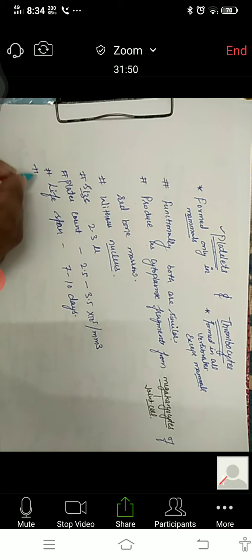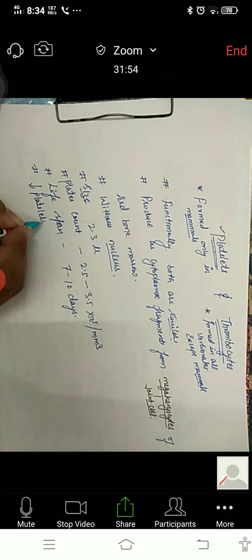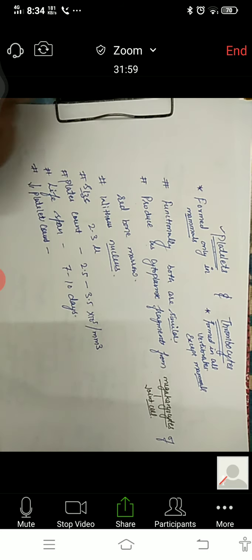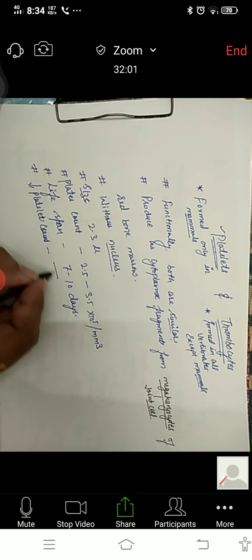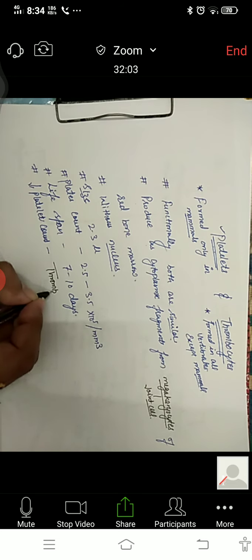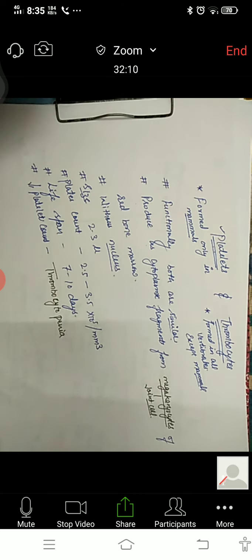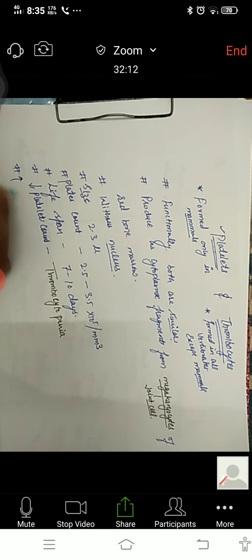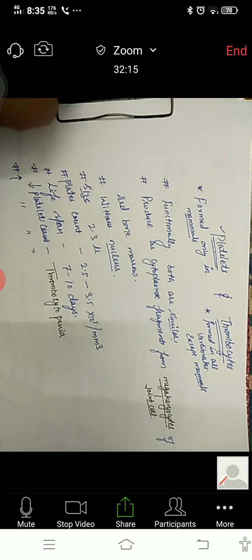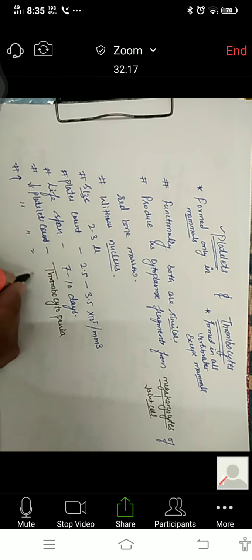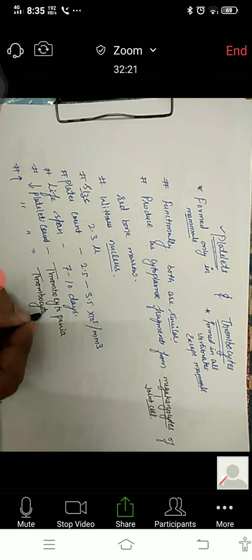A decrease in platelets is called thrombocytopenia, or an increase in platelet count is called thrombocytosis.